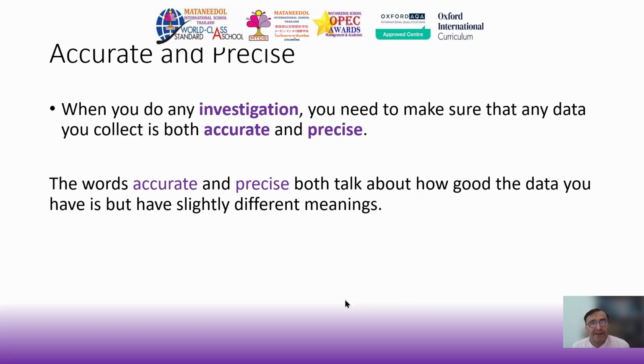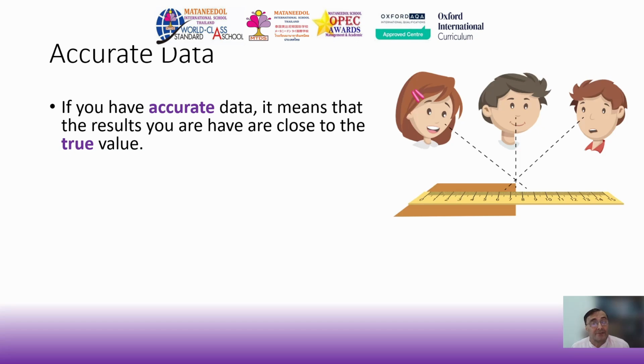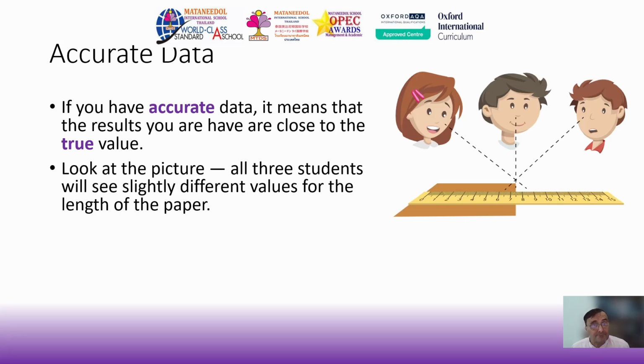So when we do any investigation, we need to make sure that the data we get is accurate and precise. So accurate and precise both talk about how good the data is, but they have slightly different meanings. So accurate data. If we have accurate data, it means that the results we have are very close to the true value.